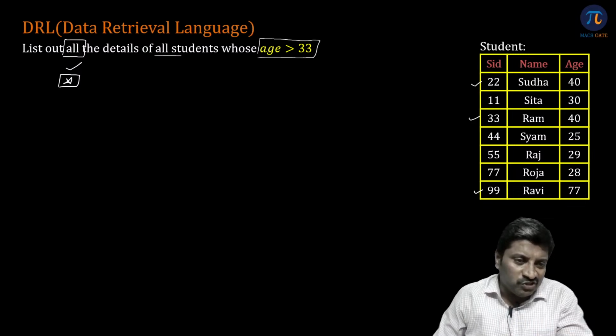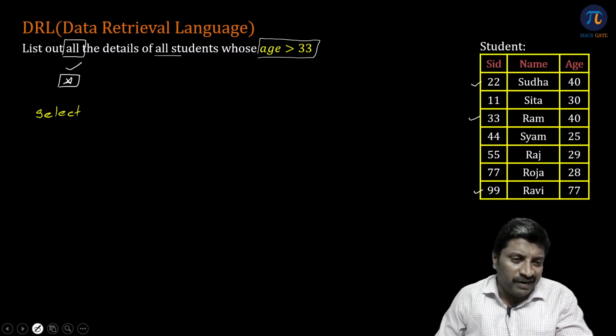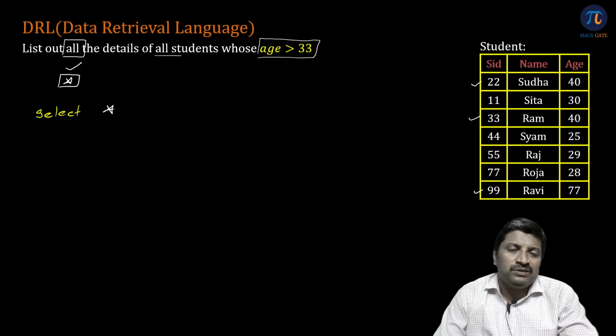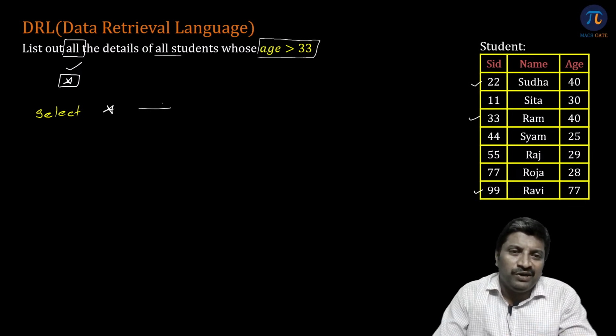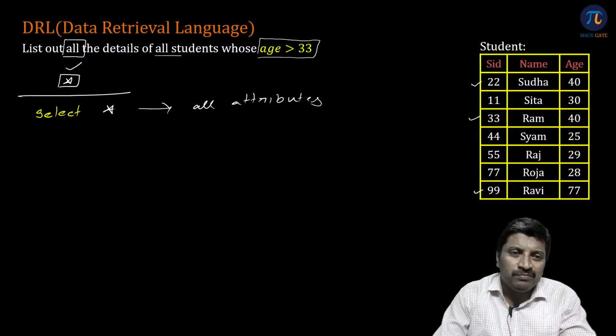Right? The first one is select. You are selecting. Fine. What you need, sir? All attributes. Select star because you need all attributes. Right, sir?